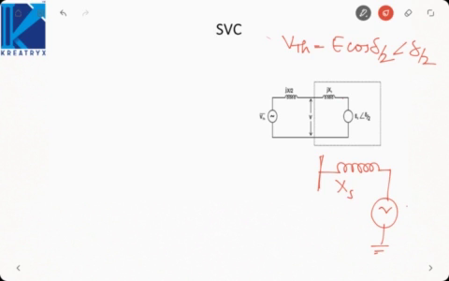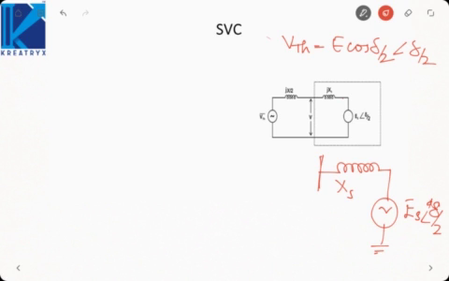Reactance is XS, EMF is ES. But ES will also have an angle delta by 2, because there must be no real power exchange between the midpoint and the SVC. So the midpoint voltage as well as the SVC must have the same phase angle. Otherwise power will tend to flow from higher angle to lower angle.